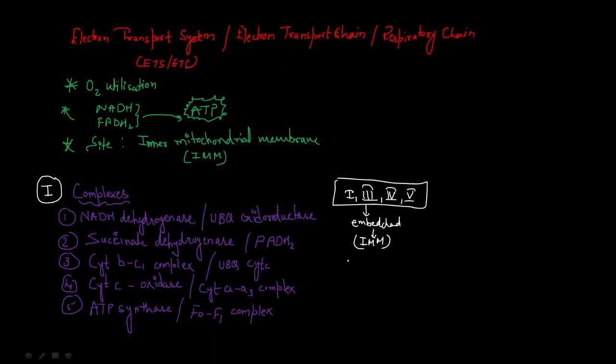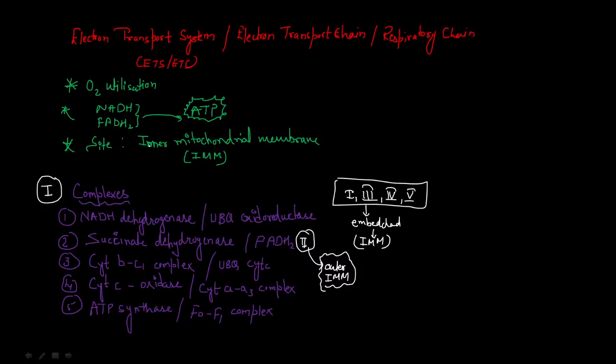While the second complex is the one that is present towards the outer side of the inner mitochondrial membrane. Okay, so this is what you need to remember about complexes.